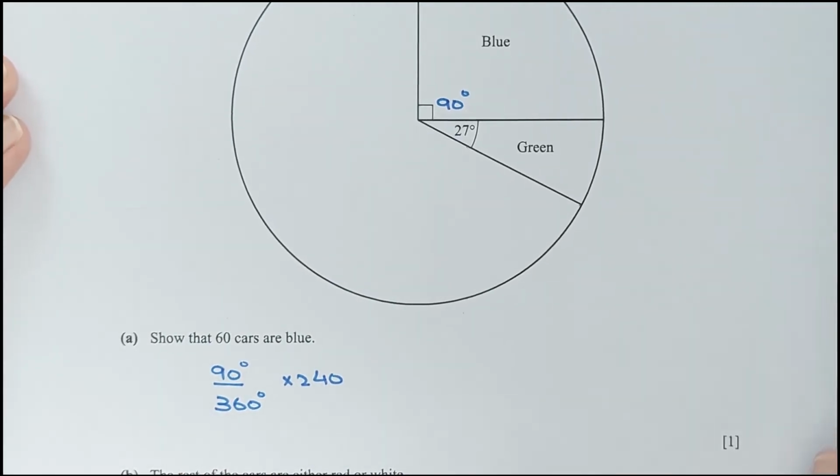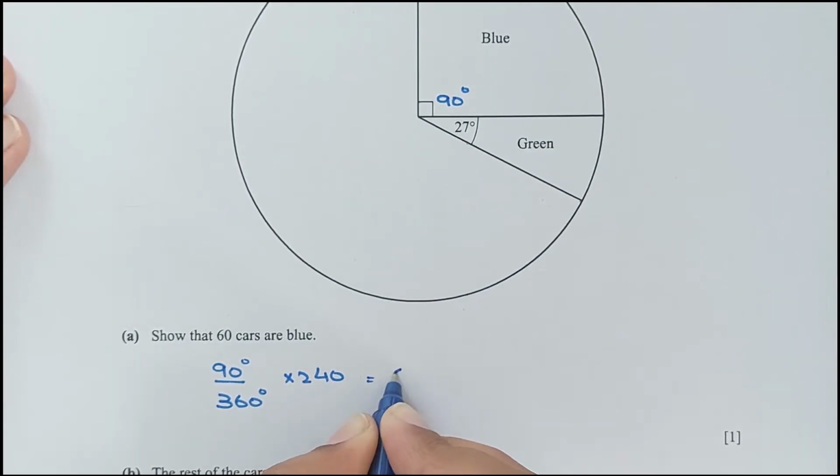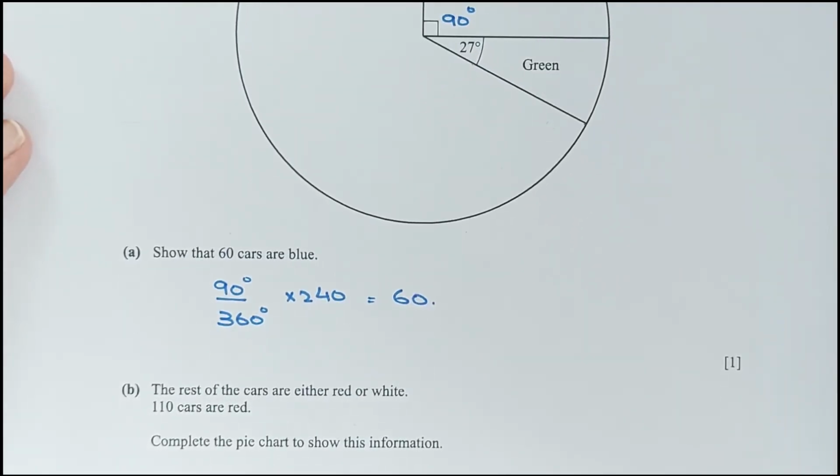Let me calculate. 90 divided by 360, multiplied by 240, which is 60. Yeah, 60, sorry. So the 60 cars are blue. Now for part B, the rest of the cars are either red or white. 110 cars are red. Complete the pie chart to show this information.